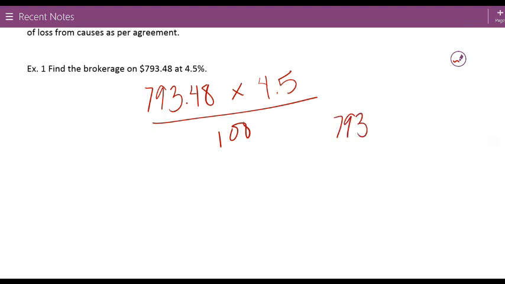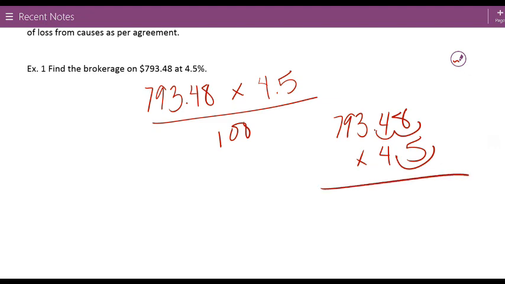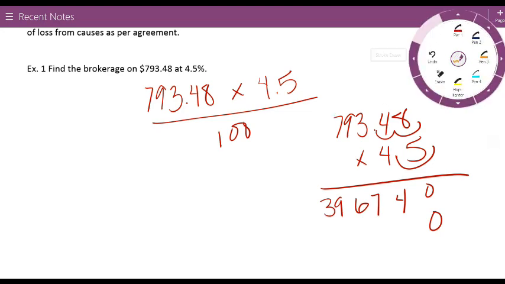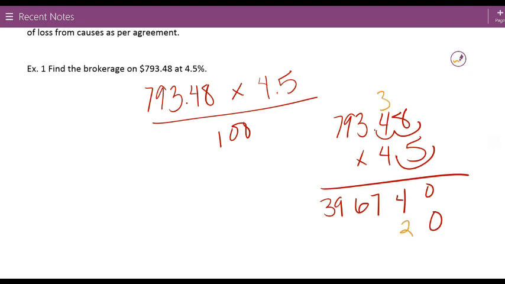We have 793.48 times 4.5. We're moving this 1, 2, 3 places, so we need to remember to move it back 3 places at the end.